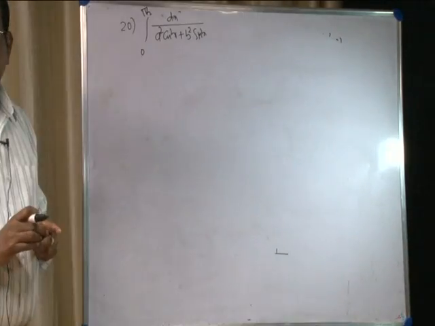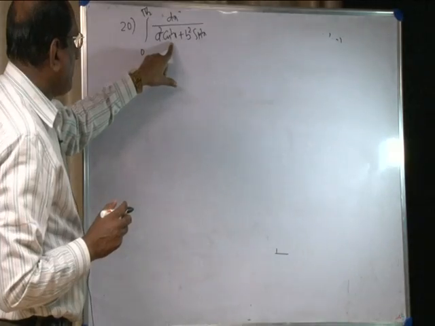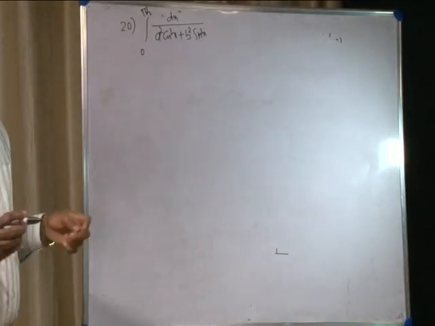How to integrate this? See here, in order to get 1 in the first place, divide numerator and denominator by cos square x.